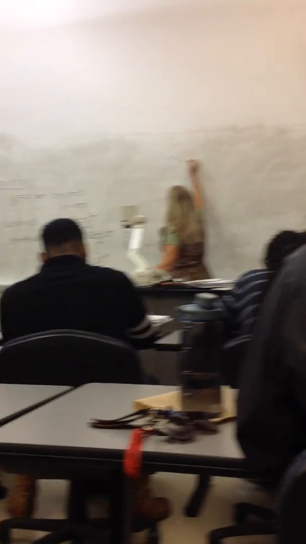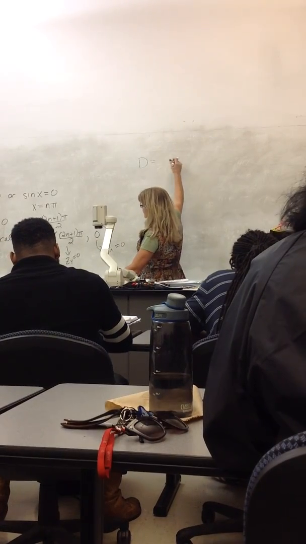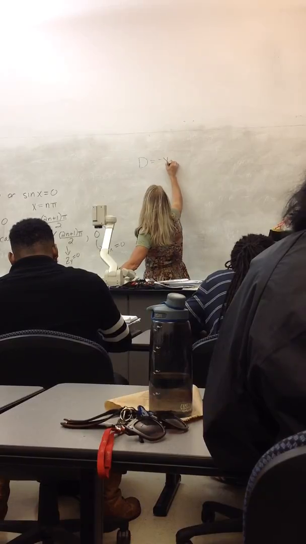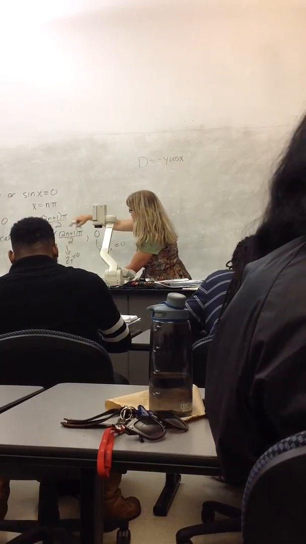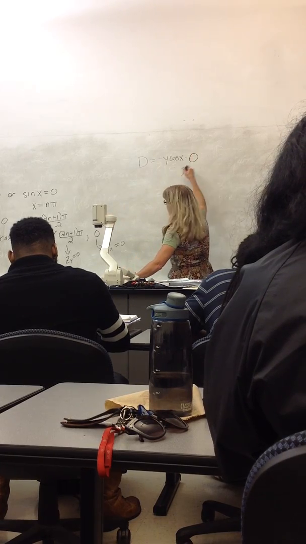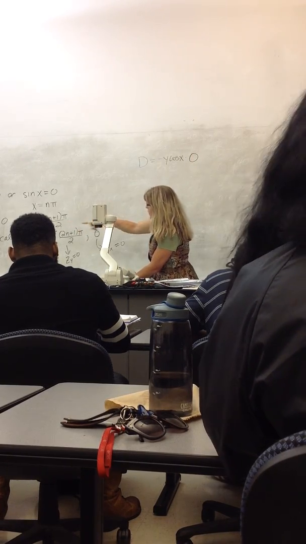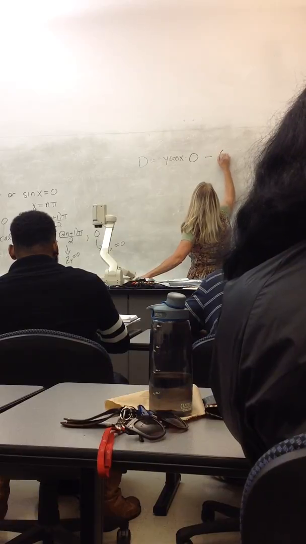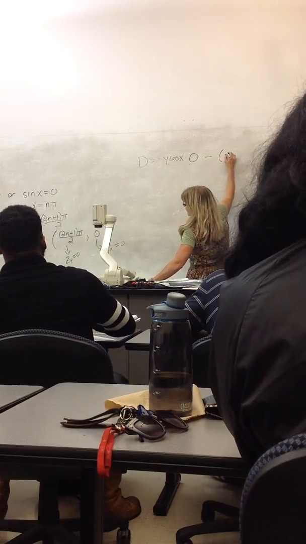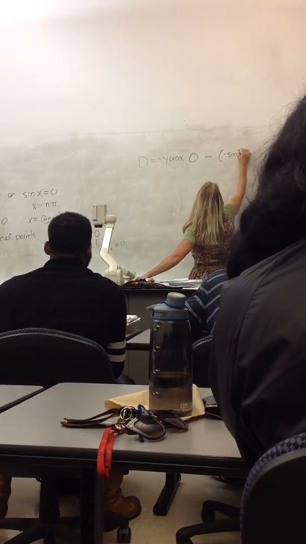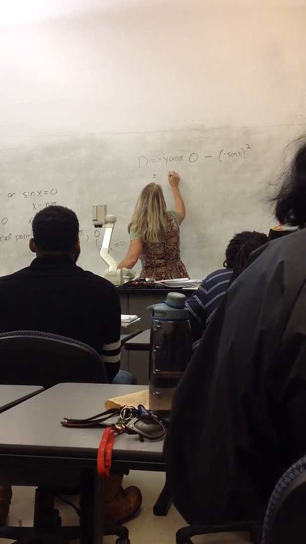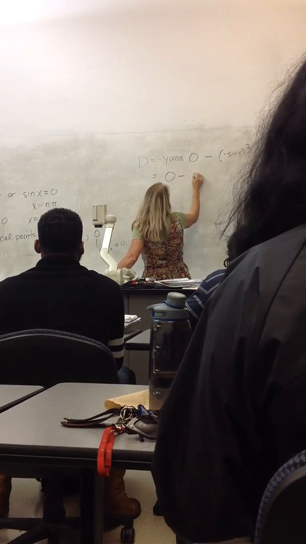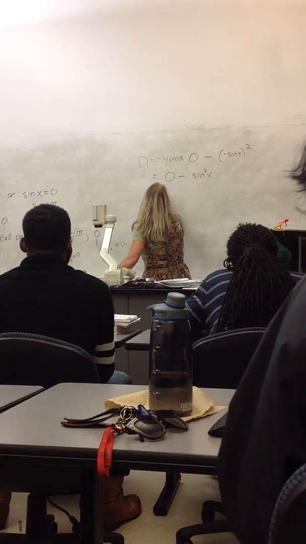If you organize D, D is z sub xx times z sub yy, but z sub yy was 0, minus z sub xy squared. So that ends up turning into 0 minus sine squared.